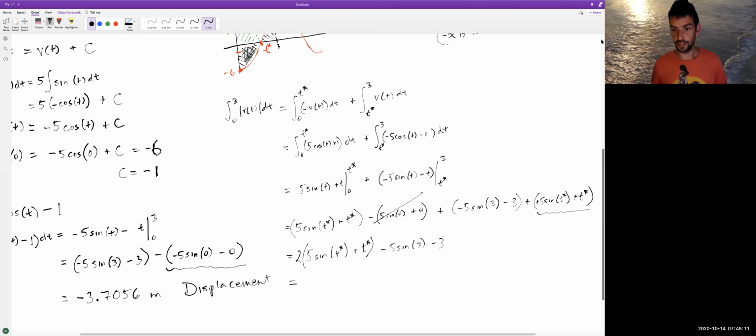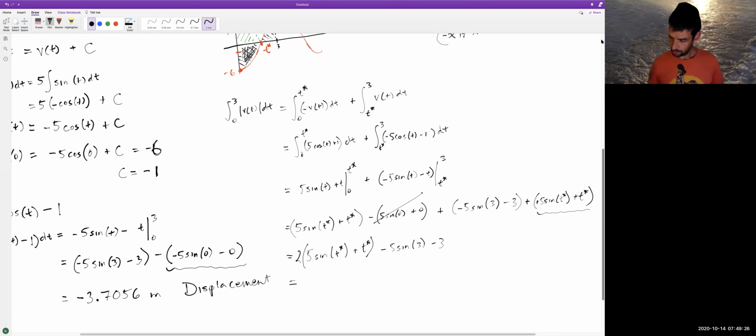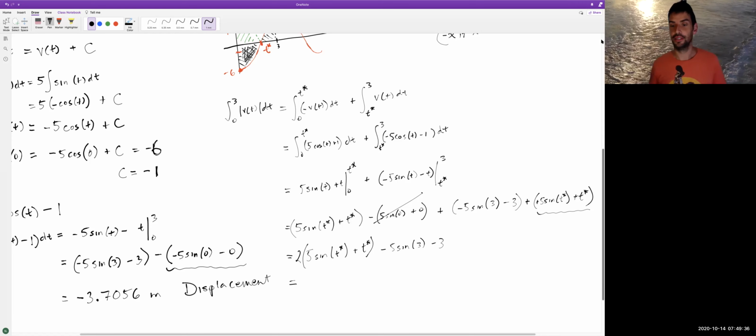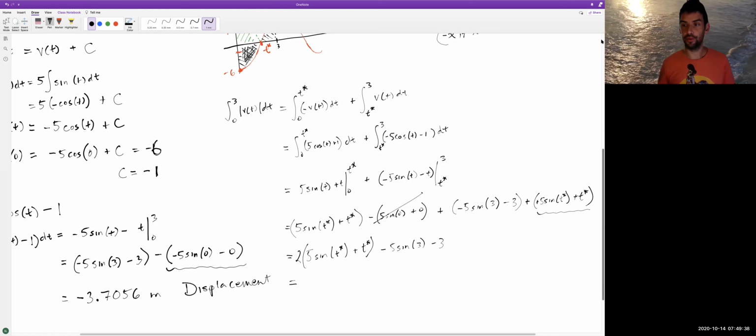And then I'm just plugging that into this formula. So I've got 2 times 5 sine of t star plus t star minus 5 sine of 3 minus 3. I get 9.6367.